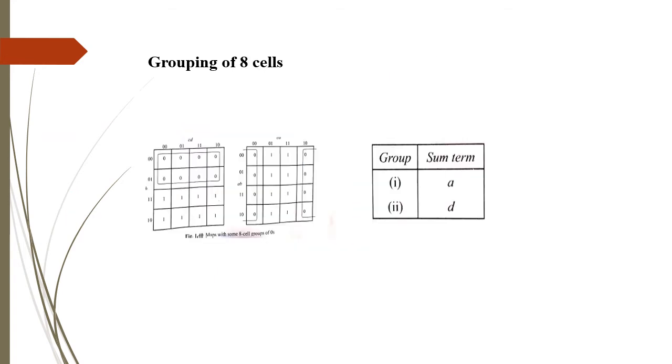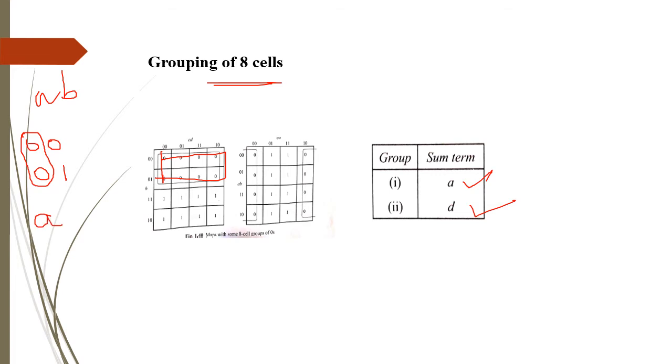Similarly, I can group 8 cells. This is one of the possible combinations of grouping 8 cells. If I group 8 cells, I am going to get only one literal. For example, in the first case, I have 0, 0 and 0, 1 which I am grouping row wise. So I'll get the literal either A or B. Here A is common, so I have to consider that as a literal.